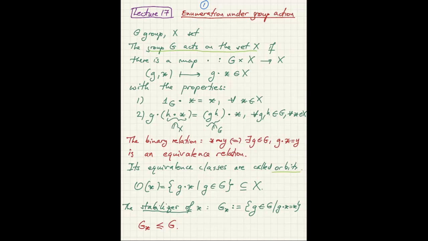So this map, as I should have mentioned earlier, is called a group action. The map that is described here satisfies these properties below.